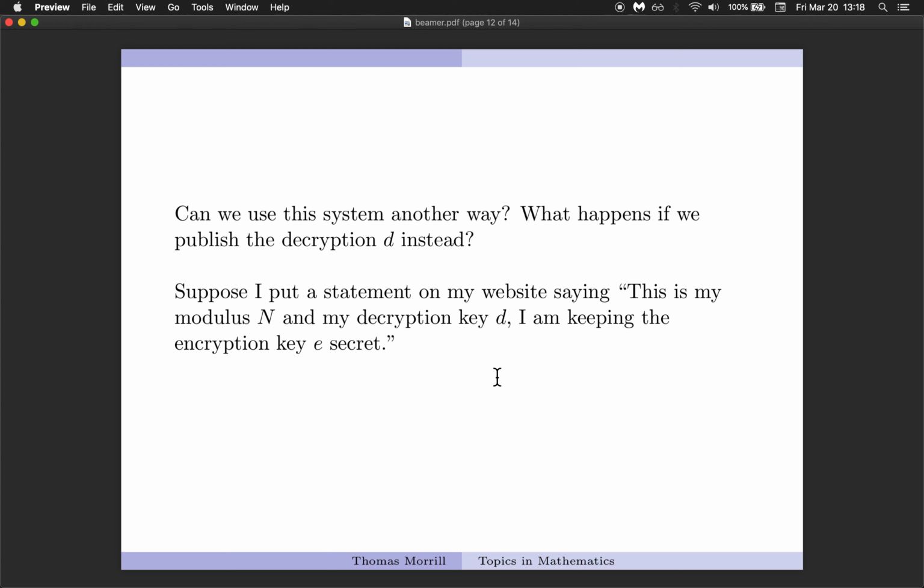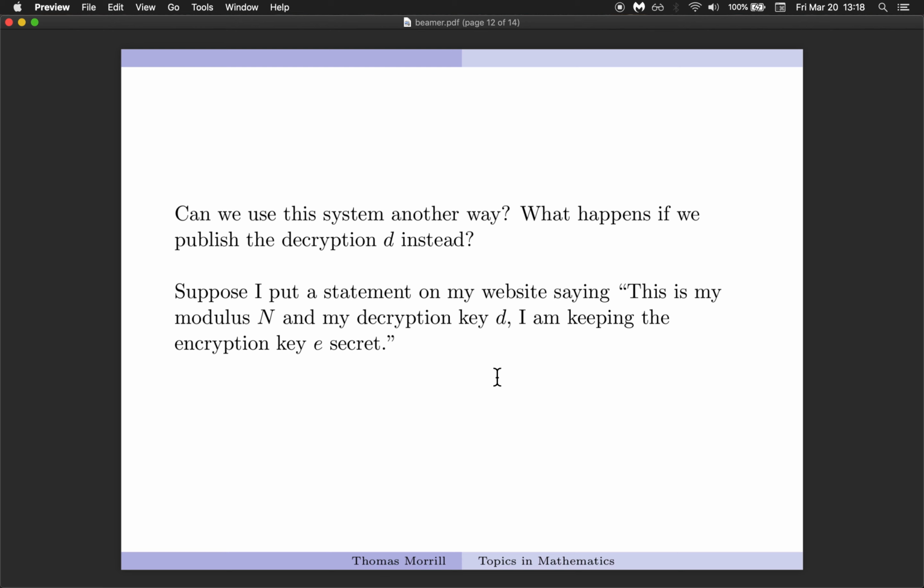What happens if we publish the decryption key instead? And sure, you can say, well, E and D are both integers. They're supposed to be inverses mod phi of n. Does it really matter which one is which? I'm going to keep using the letter D here for decryption.